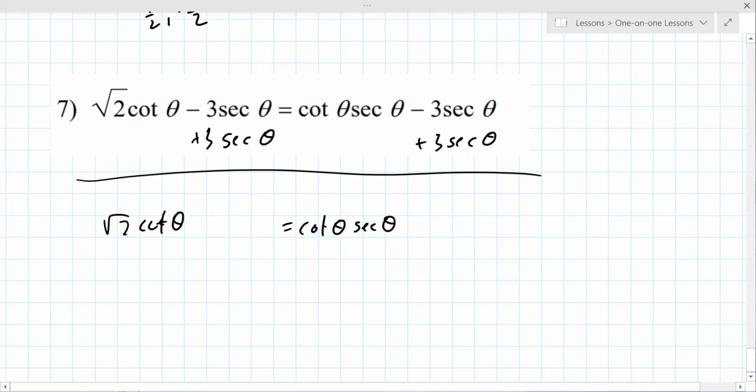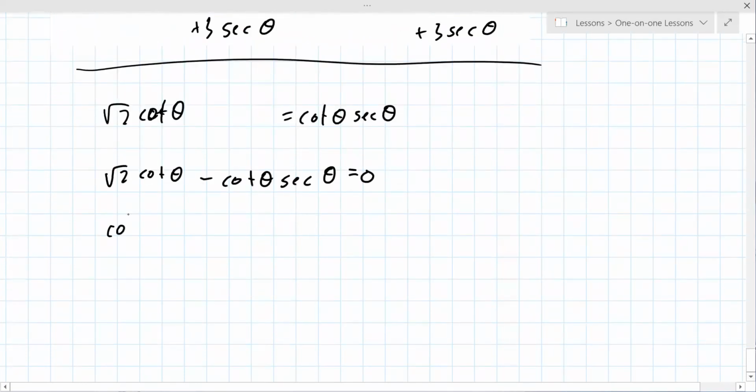And this is where you got to move stuff around. I guess we'll go left. It doesn't really matter, but maybe you have a preference when you start doing these on your own. So because they both have a cotangent theta in there, you're going to factor that out. So you have cotangent theta times square root of 2 minus secant theta equals 0.